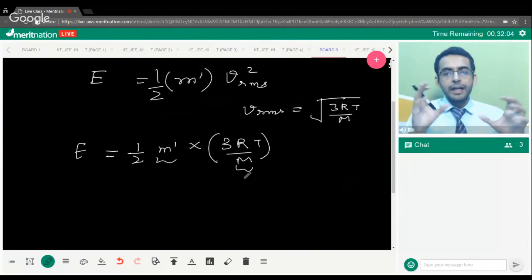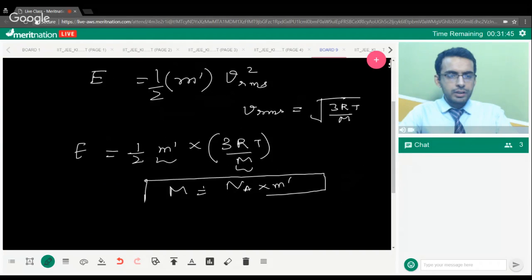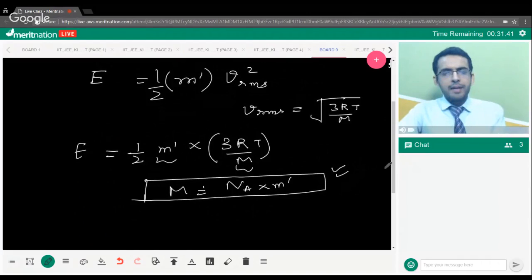Equal to 6.022 into 10 to the power 23, or you can say Na, the Avogadro number. So capital M is equal to Na multiplied by m dash. Mass of 1 mole is equal to Na multiplied by m dash. That's clear.